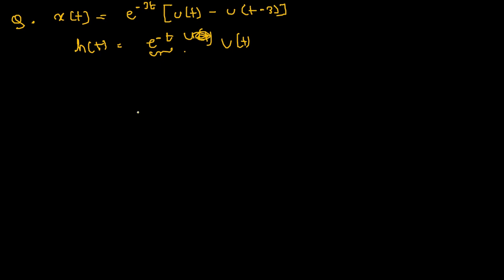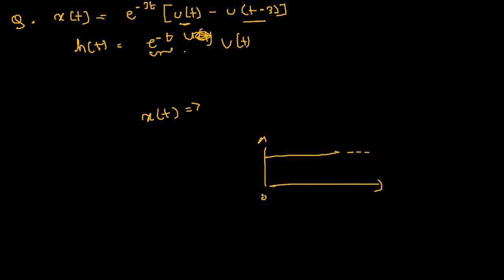So let's start solving it. What is important to notice here is u of t minus u of t minus 3. What does this actually come out to? See, u of t is from 0 all the way till infinity, we have 1. And u of t minus 3 is from 3 all the way to infinity, we have 1.